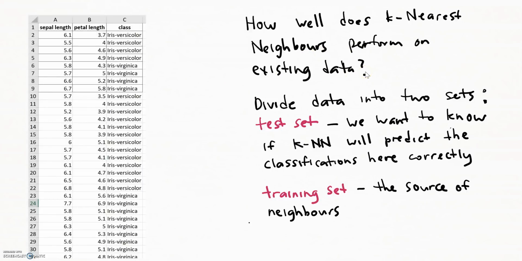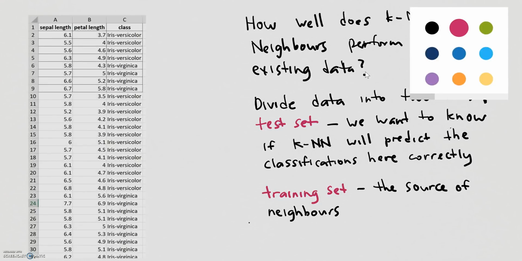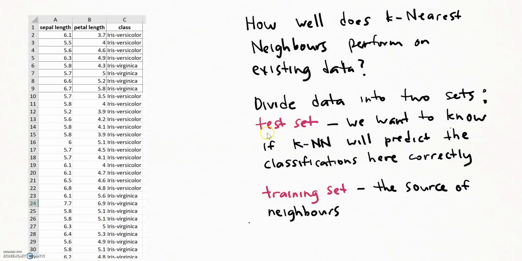So the strategy here is to divide our existing data set, which we have seen in the previous video, into 2 sets. The first set is called the test set. My first 8 records here will be my test set. We want to know if the k-nearest neighbors will predict the classifications in the test set correctly.